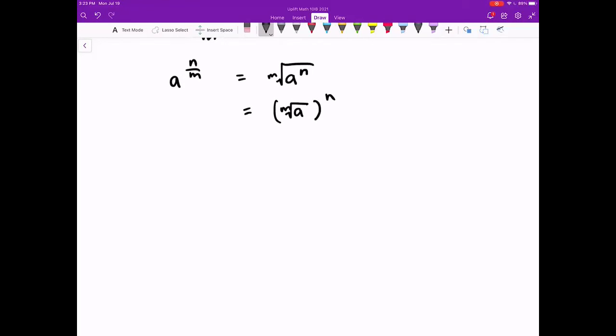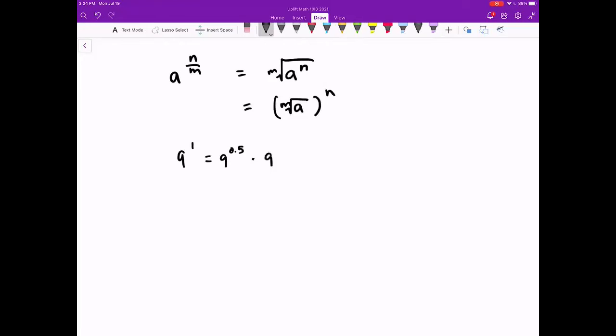David, do you want to do the 9 example? 9 to the 1/2. Oh yeah, sure. There's kind of a way to prove it. It's not as concrete as some of the other proofs. But what we can do is say that 9 to the power of 1 is equal to 9 to the power of 0.5 times 9 to the power of 0.5. So there must be a number that when multiplied by itself gives us 9.